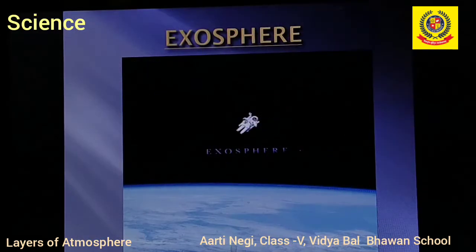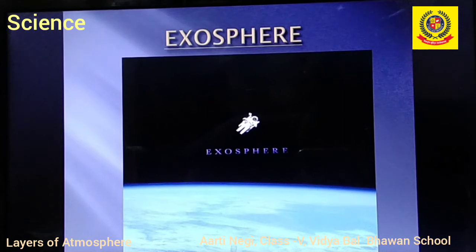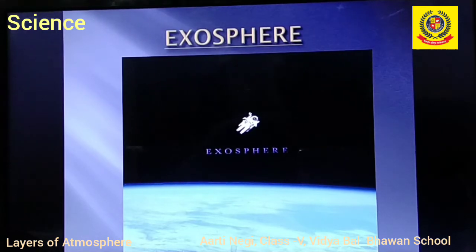Now students, come to the last layer of our atmosphere, that is exosphere. It is the outermost layer of our atmosphere, where the earth's atmosphere becomes a part of space.